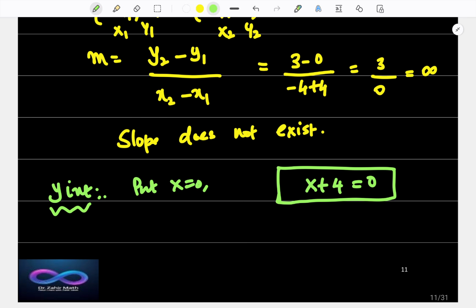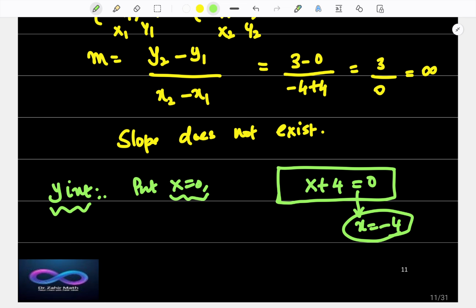So in this way, what happens? It never reaches x equals 0 because the value is x equals negative 4, right? So when we cannot put x equal to 0, it means the line is x equals negative 4 always. It never reaches x equals 0, so it never touches the y-axis.